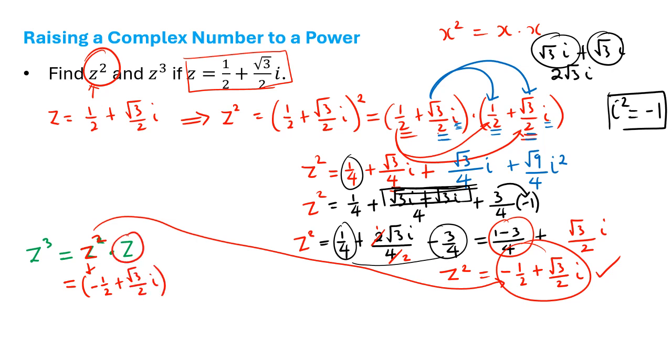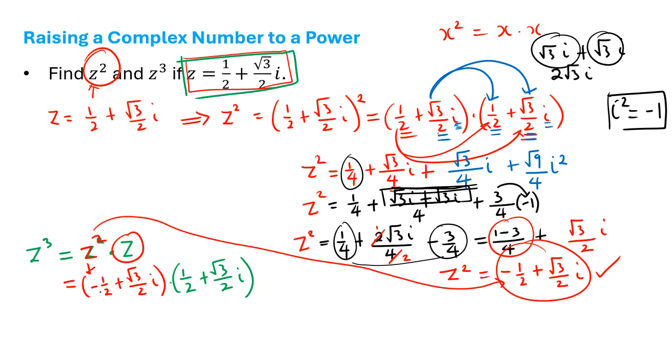And we're going to multiply that to z, and we know what z means, okay? So because we're given the value of z already, which is still here, we're going to multiply that to 1/2 plus square root of 3 over 2 times i. All right, again, to do this, we'll just do piece by piece, okay? So one after the other.